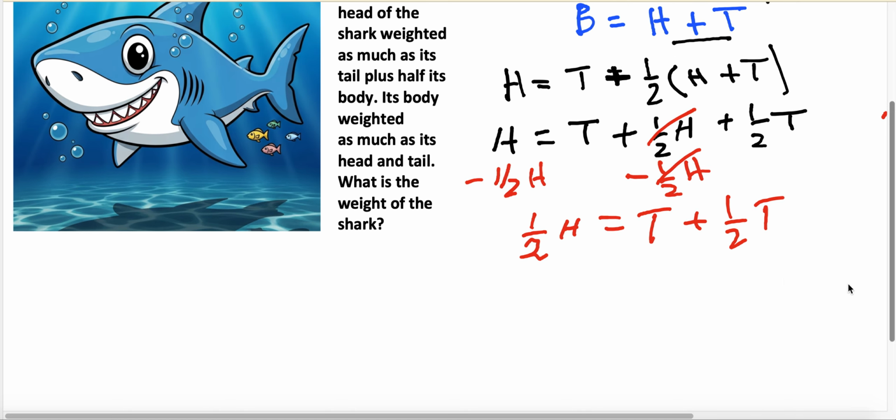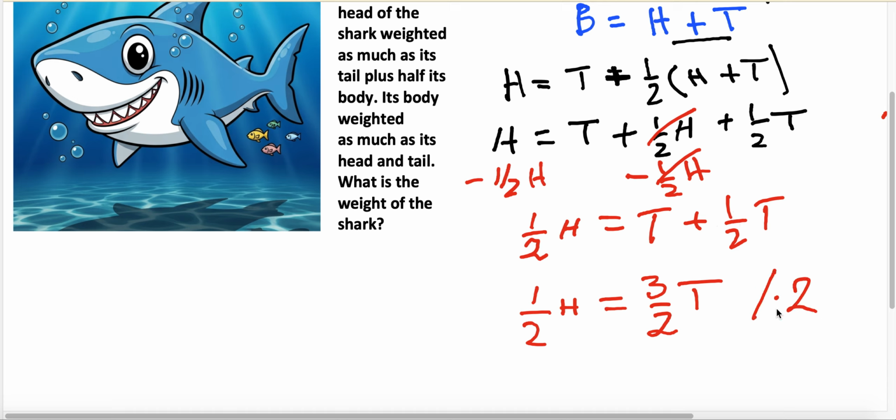Or if you want to write 1.5 in terms of a fraction, I can write 3 over 2 tail, because 3 over 2 is 1.5. Or as a fraction I can write it this way.